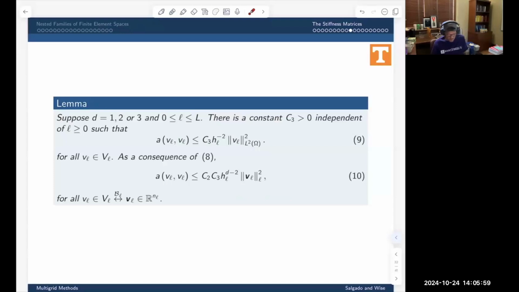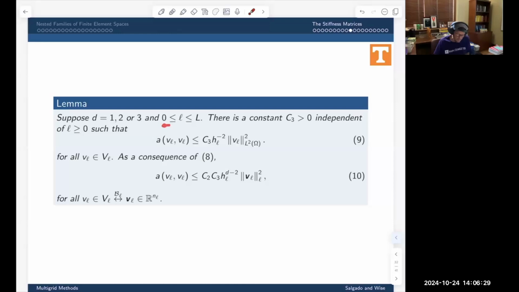The next thing that we want to use is what's called an inverse inequality. So the previous was called a norm equivalence. This is what's called an inverse inequality. Now, let me explain in a second. I'll first give the result, and then I'll come back and tell you what this inverse inequality really says. So suppose that D is equal to 1, 2, or 3.